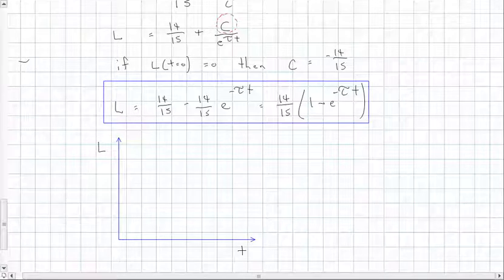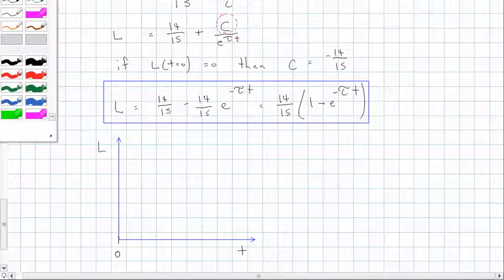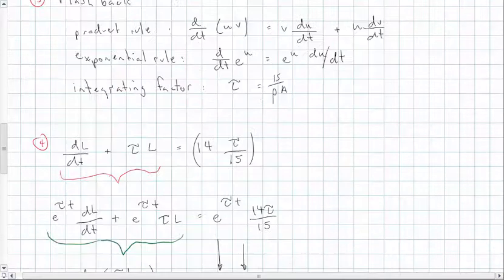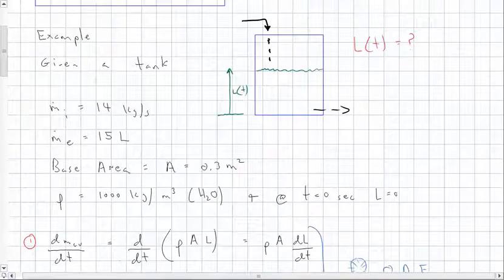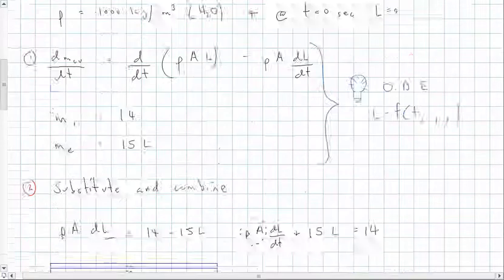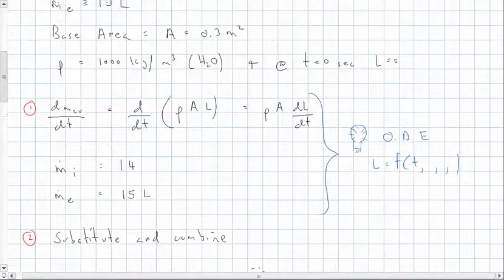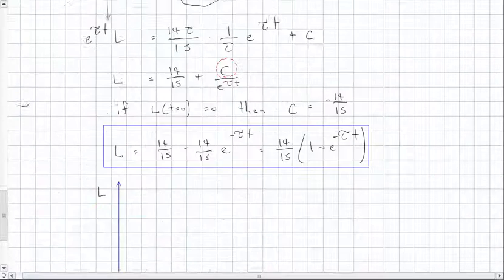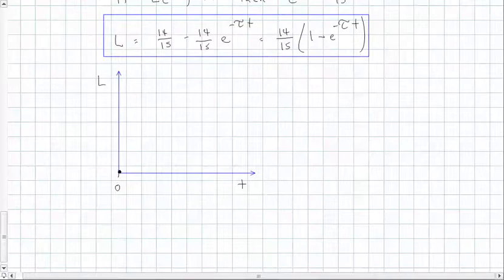So at time equals 0, we know that we need a starting point. Because if you remember, this tank is filling as well as emptying simultaneously, and by the way, the rate of emptying or outlet flow is increasing with L. It's sort of a complex process here.